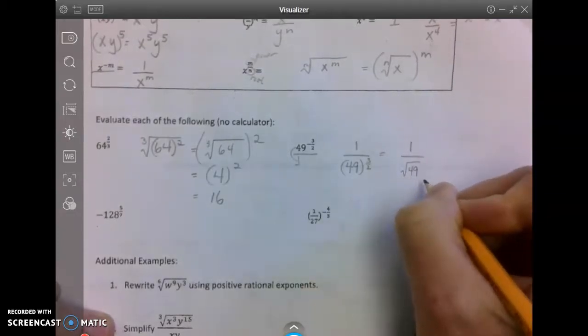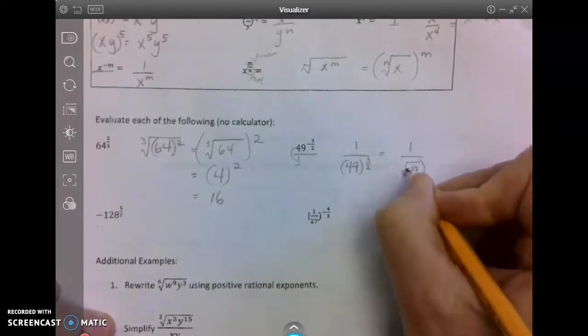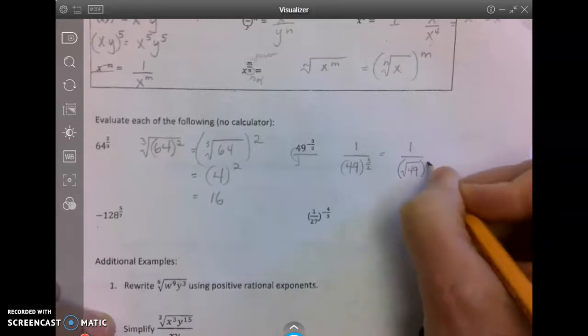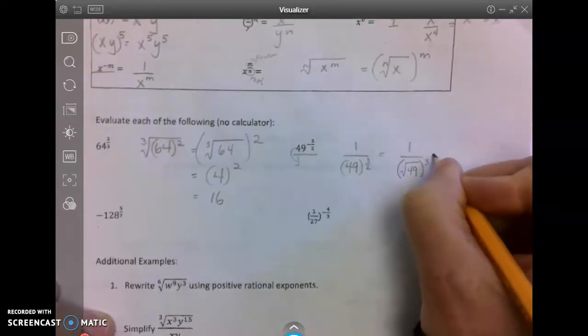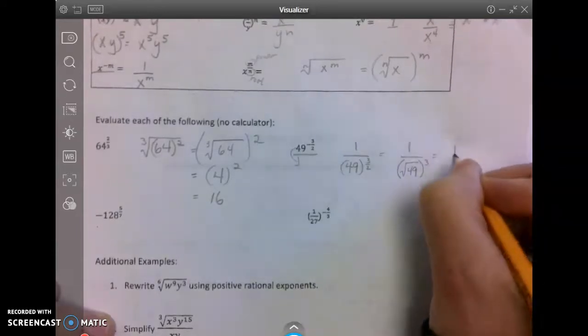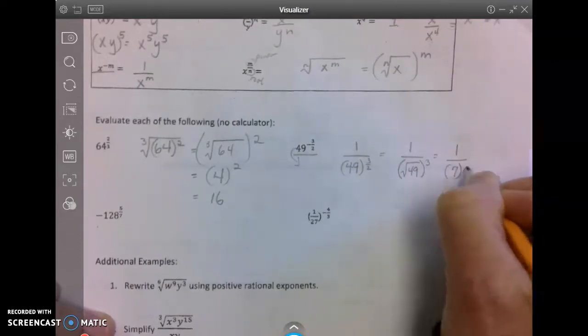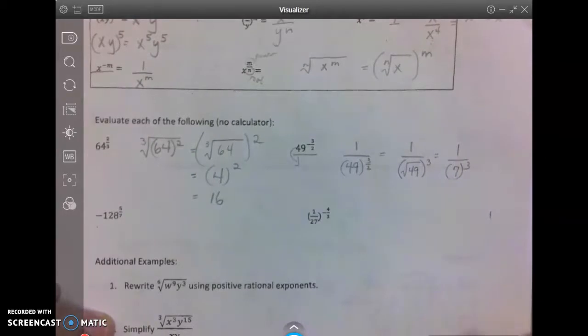Do the root first, root before power. Make it smaller before you make it bigger. Always do the root, then the power. So what is the square root of 49? Well, it's 7. And then I have to cube that 7.